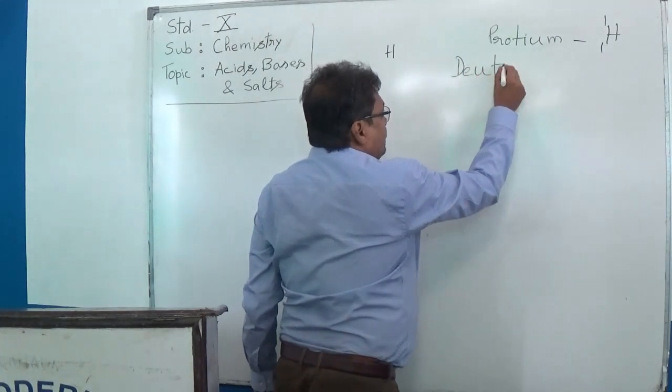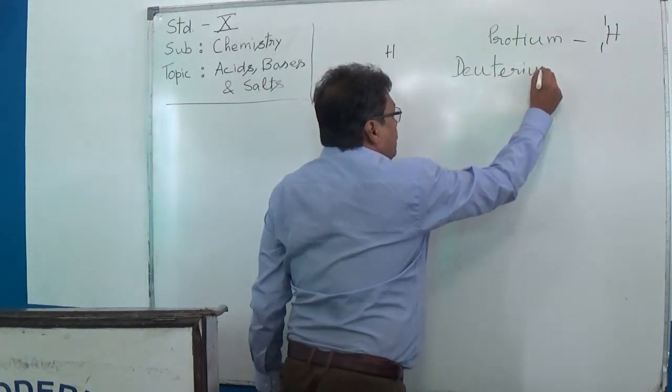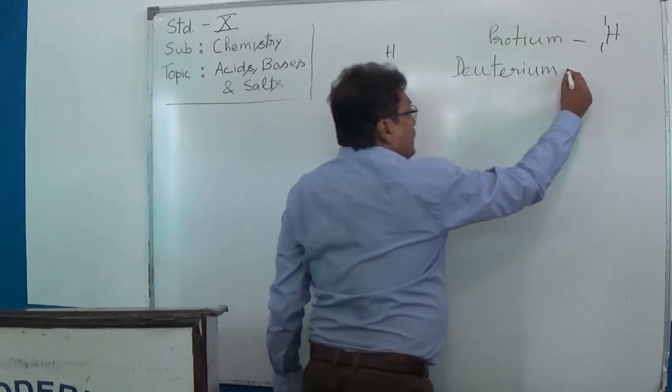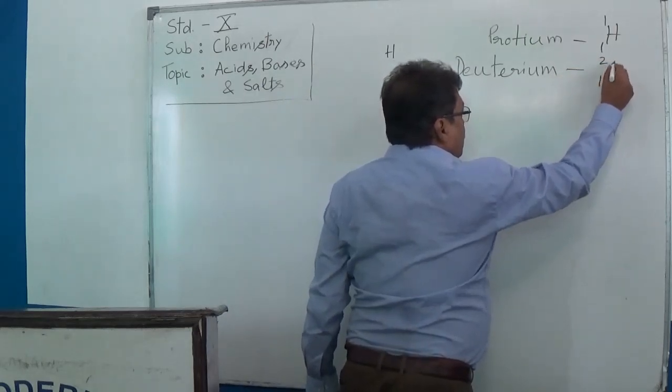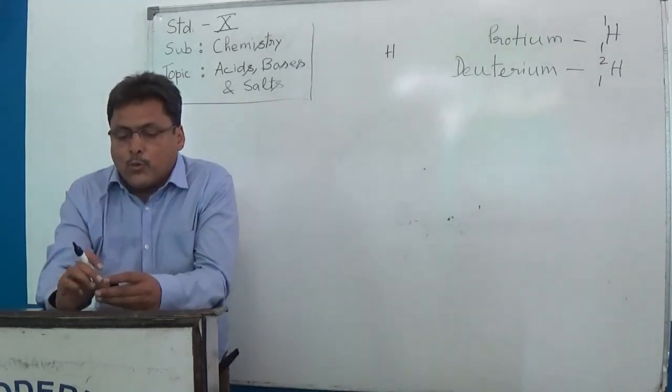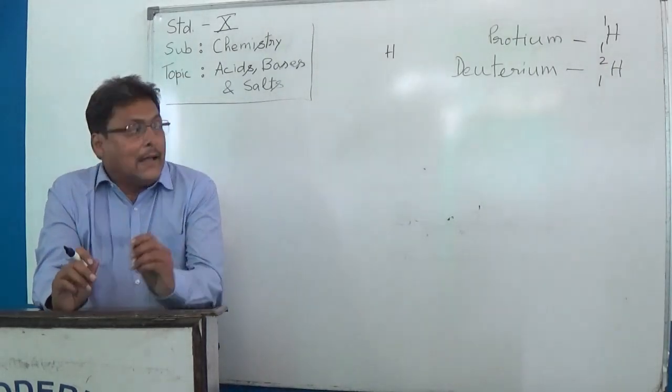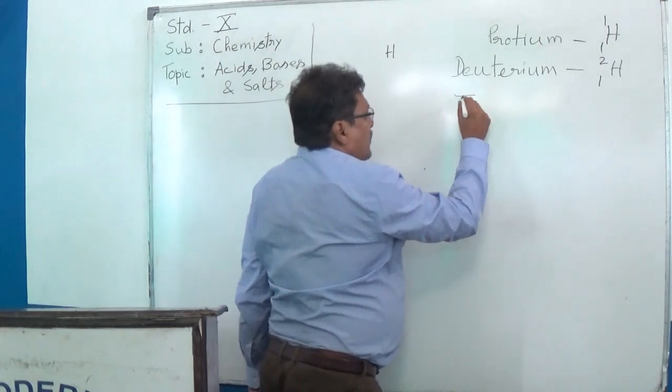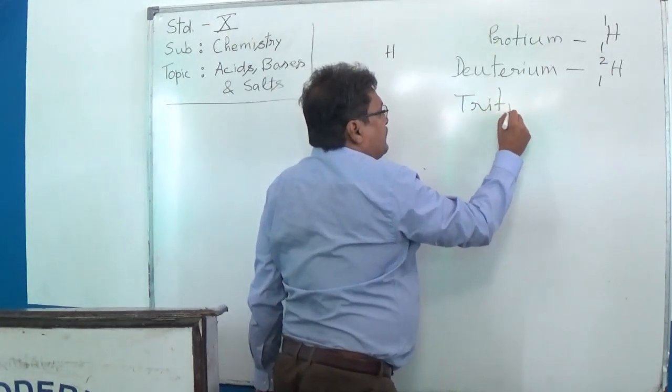Deuterium. Its mass number is 2, so it has 1 proton and 1 neutron. And another is tritium.